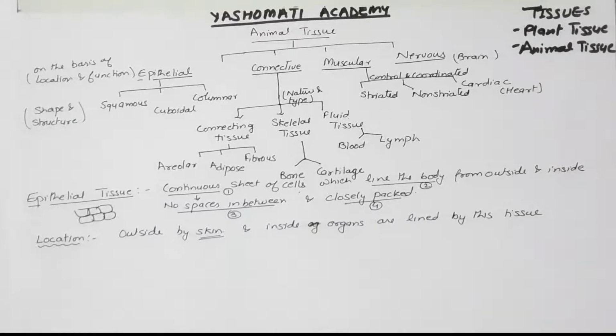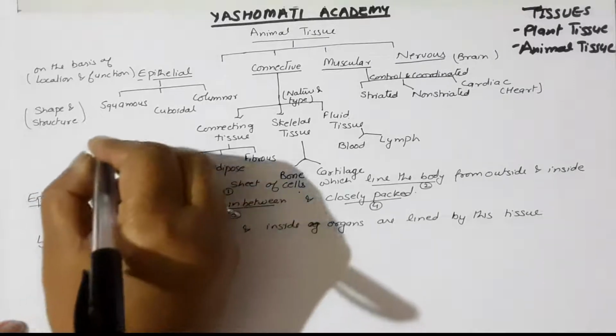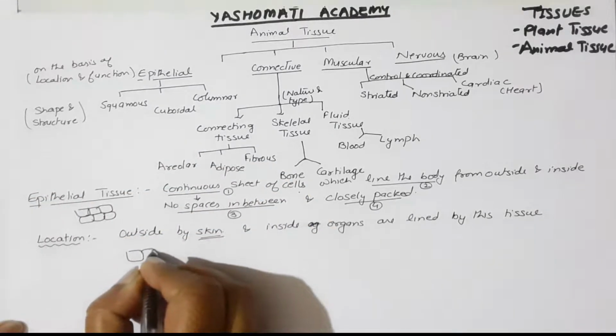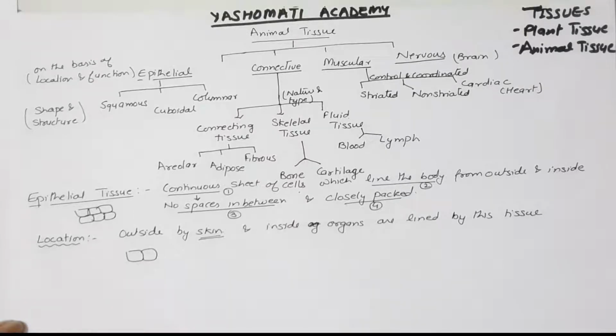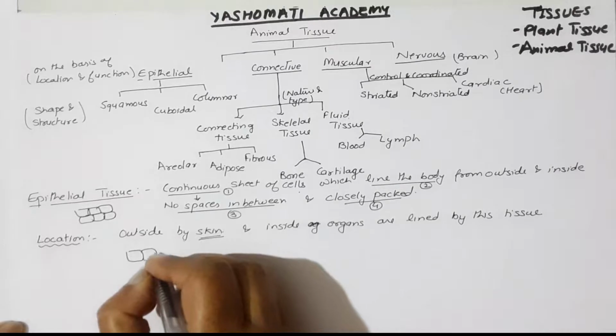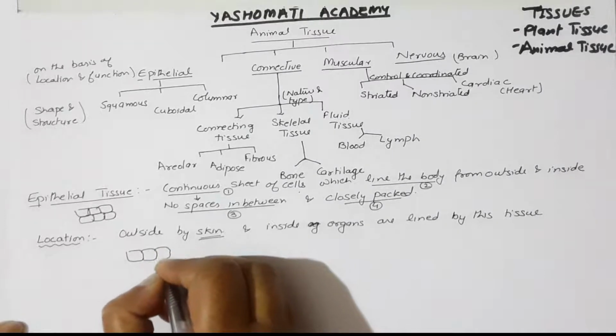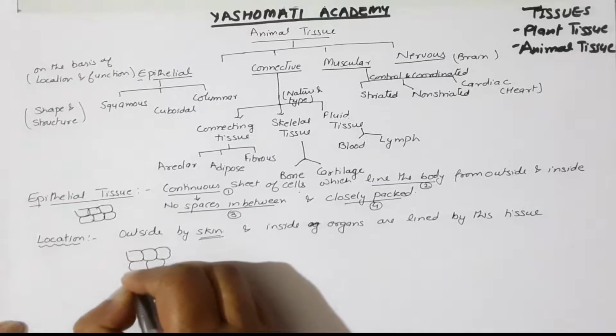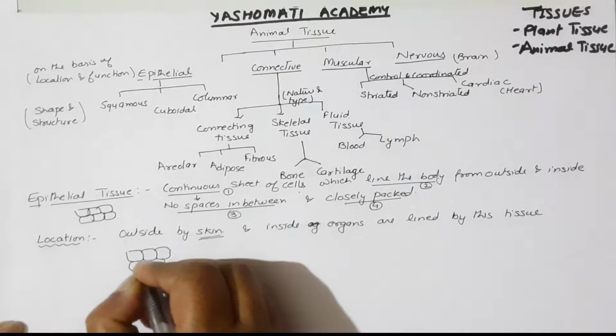And if the shape of these cells is flat, then they are squamous. You must remember that sometimes you observe animal tissues in the cheek cells. Cheek cells have irregular margins and are very closely packed.